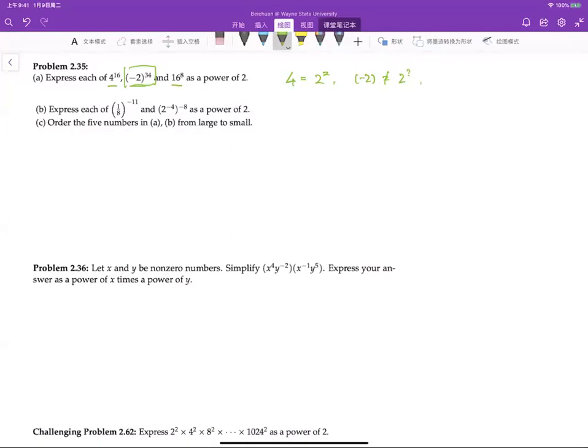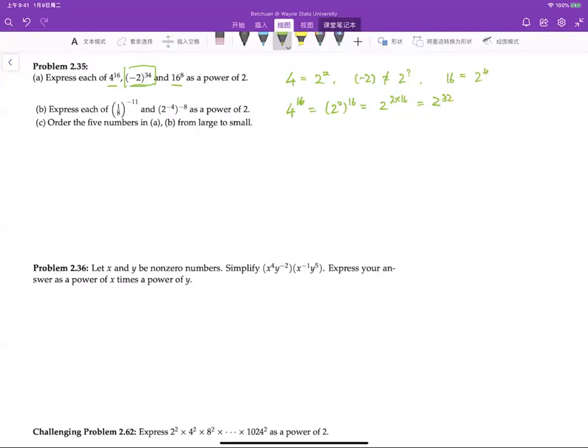Then the third one, 16 is equal to 2 to the fourth. Now we can start to rewrite the three terms. So the first term equals 2 squared to the 16th. That's equal to 2 to the 2 times 16, which is 2 to the 32nd.